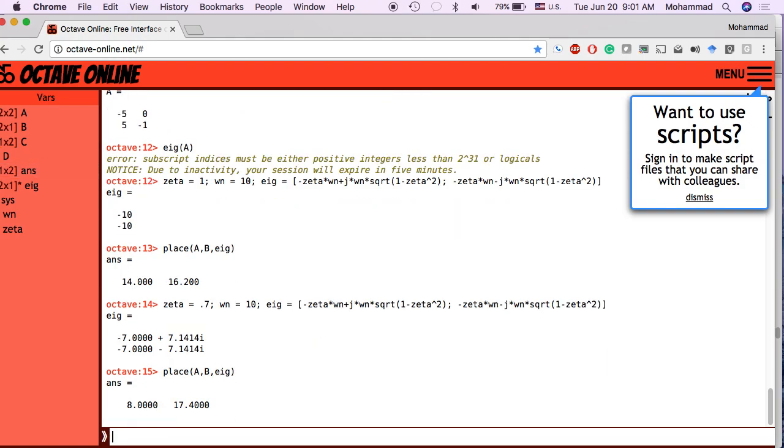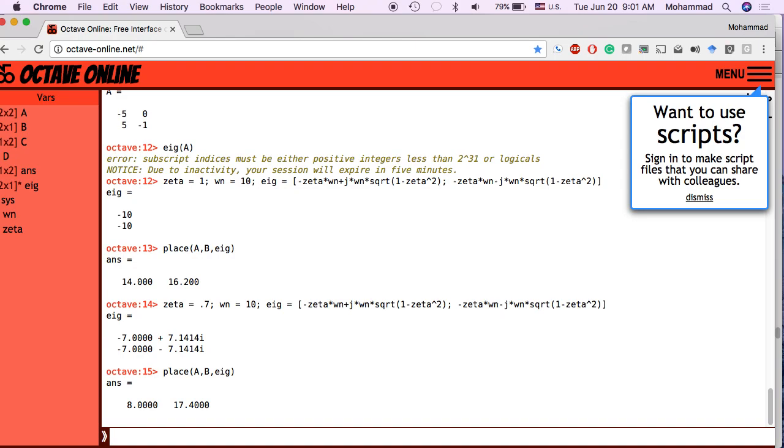It says K1 is 8 and K2 is 17.4, so you can go back to the simulation in Simulink and make K1 8 and K2 17.4. That would put the eigenvalues of the closed loop at -7 plus or minus j 7.14, and you can see the oscillation here.